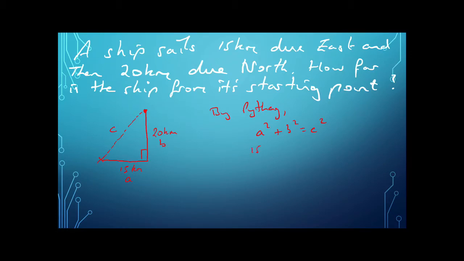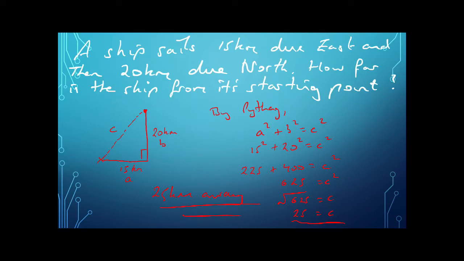So it is 15 squared add 20 squared, and that equals c squared. 15 squared is 225, 20 squared is 400, and that equals c squared. 625 is equal to c squared, and if we take the square root of both sides, c is the square root of 625, and that gives us 25. So to answer the question, the ship is 25 kilometers away from its starting point.